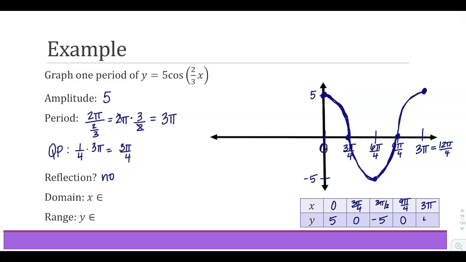And 3 pi, 5. So to wrap up, the domain is negative infinity to infinity for my sine or cosine functions. The range this time extends from negative 5 all the way up to positive 5 for y value. So bracket negative 5 to positive 5, close bracket.